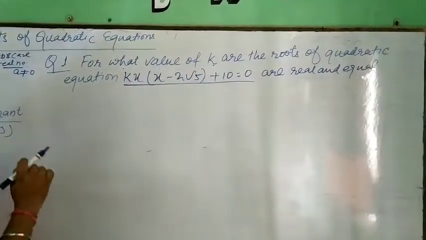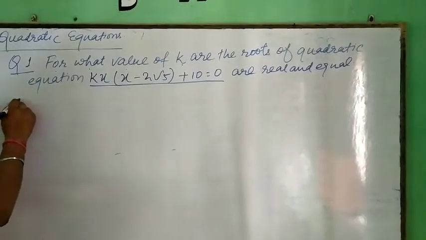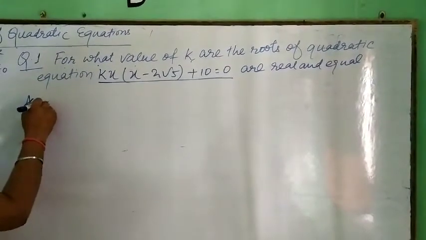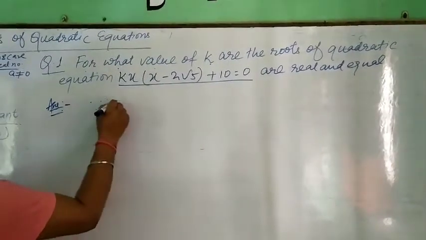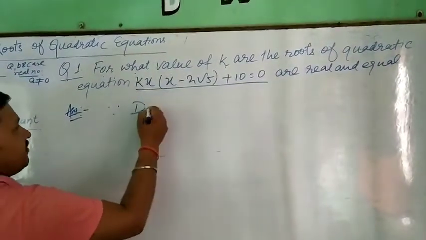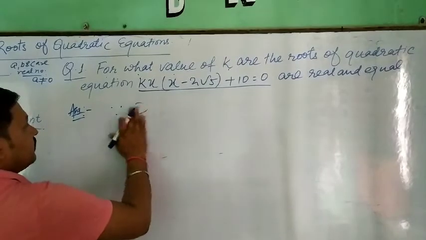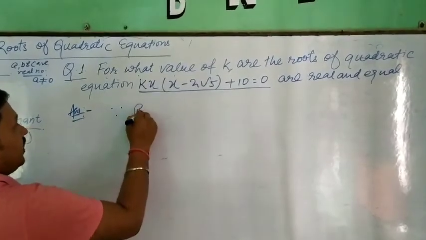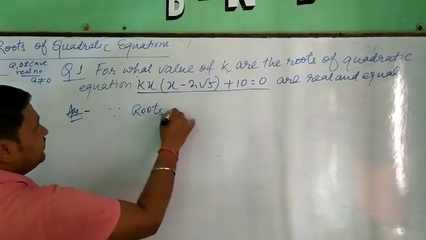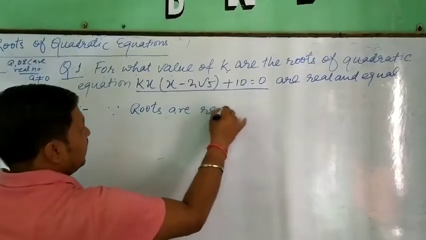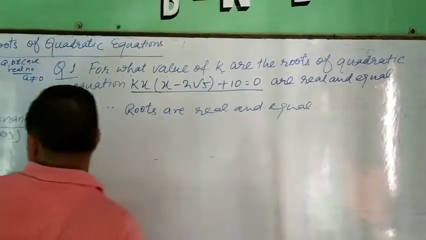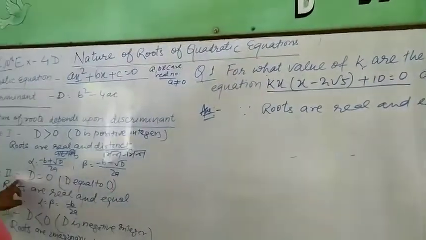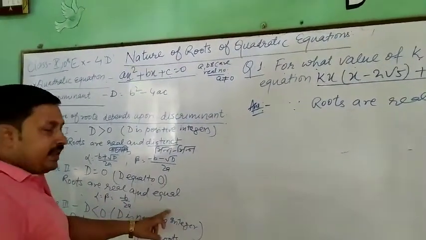Since D is the discriminant and the roots are real and equal, so in case 2, roots are real and equal.